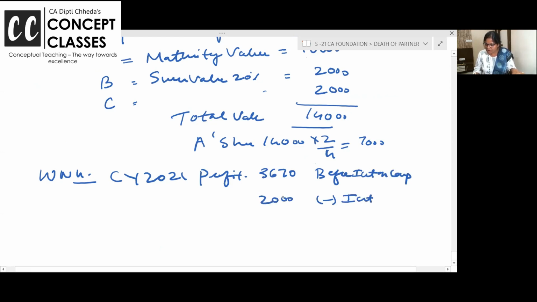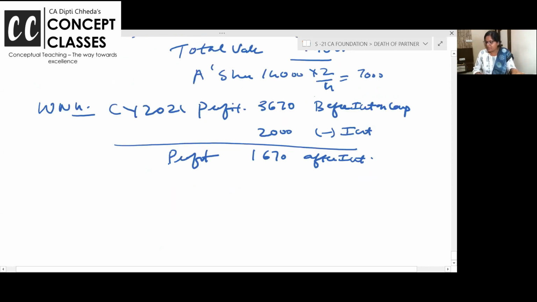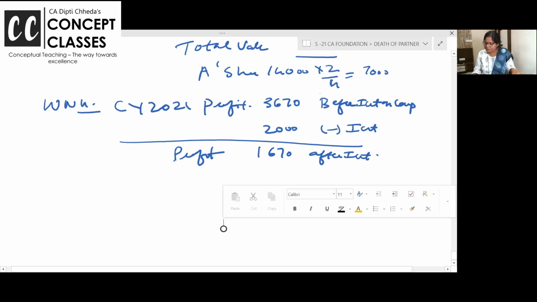Answer is yes, 2,000. So what is the profit after interest? 1670 after interest. And now how much is the share of the deceased partner? A's share.